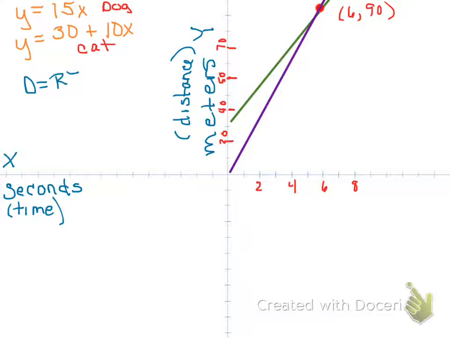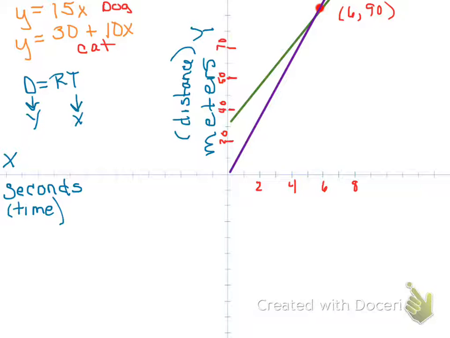And what they've done is they're calling y the distance, and they're calling the x time. So when our rate changes, we are solving for distance and time.